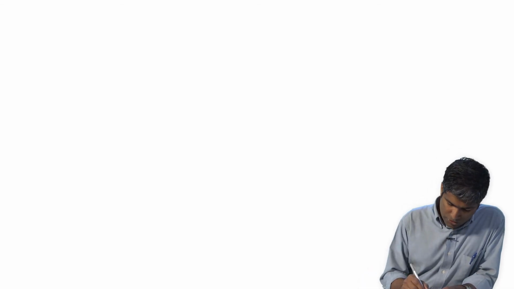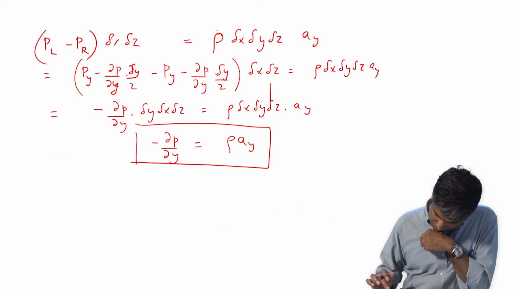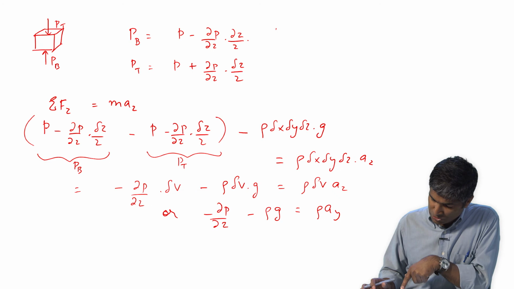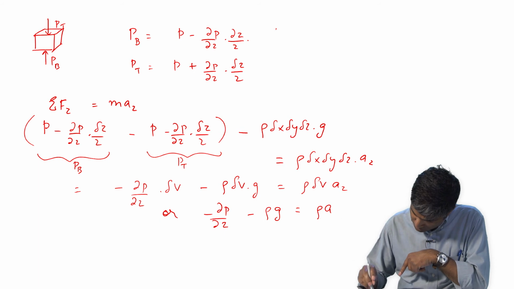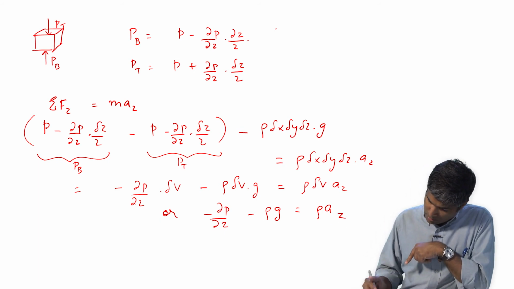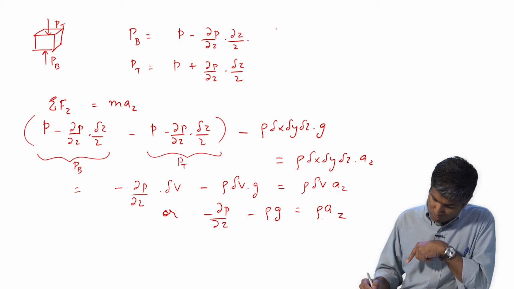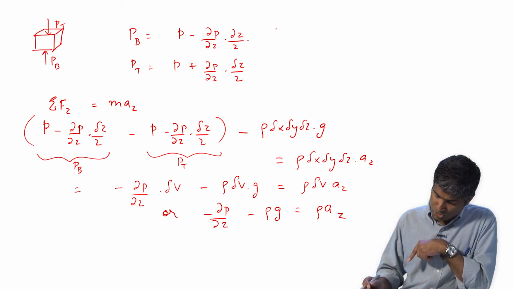So I could look at my equations in the y direction, which says minus ∂P/∂y is just rho ay, and here minus ∂P/∂z is rho az, that's z not y, plus a correction term for the fluid element's weight, which is a minus rho g.